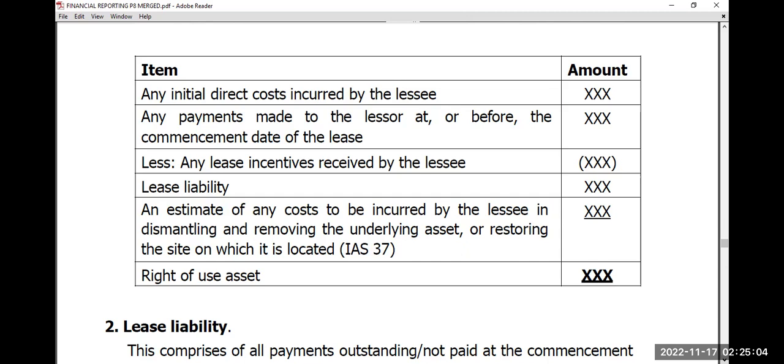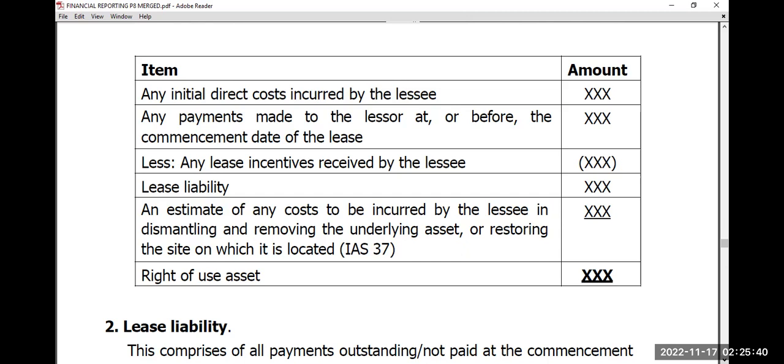It happens, like if you've been using the asset and the lease term is now expiring, by the time you say that you want to renew this contract, most people pay even before the contract expires, so that by the time the contract expires, they have already secured their possession in a bid to acquire another lease term.